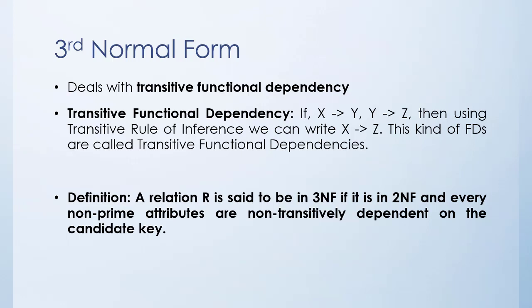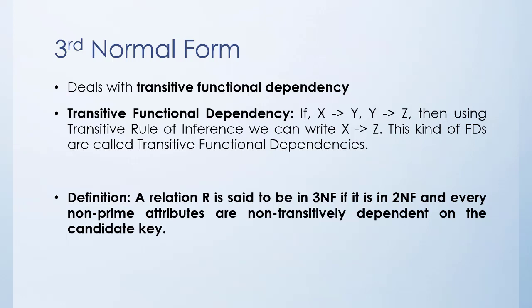Now, from here, the definition of third normal form comes. It says that a relation R is said to be in 3NF if it is in 2NF, so first of all, it should be in 2NF, and every non-prime attribute, meaning every attribute which is not a part of a candidate key, is non-transitively dependent on the candidate key.